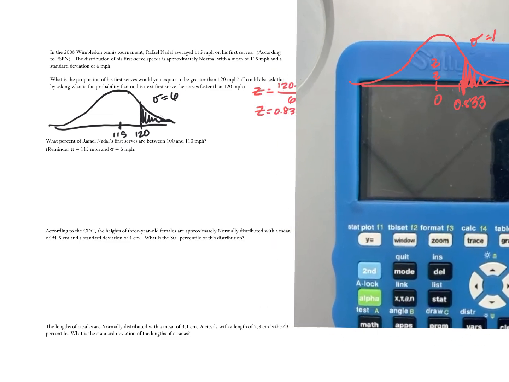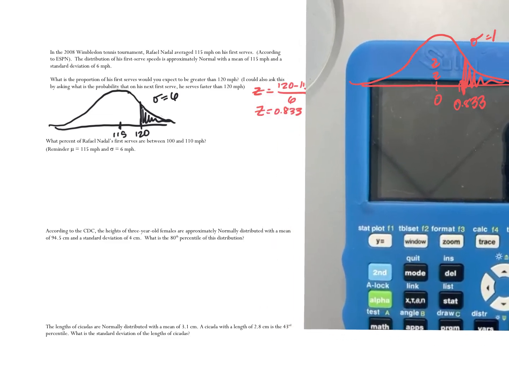There we go. Now when I put in the number for my mean, if I'm doing it from this picture, it is 115. And for my standard deviation, 6. Is everybody good? And I get pretty darn close to the same answer, yeah?